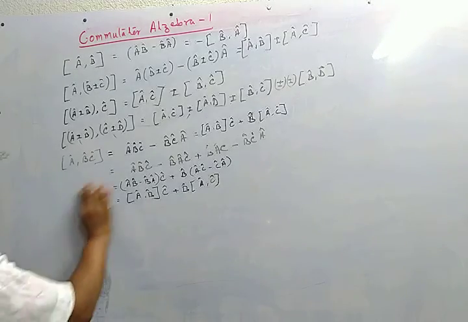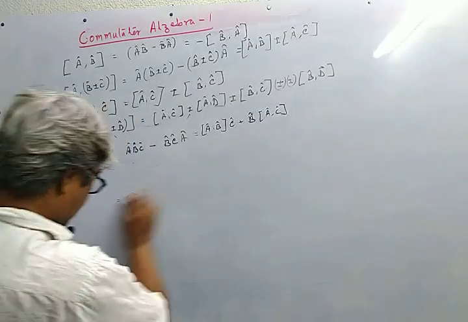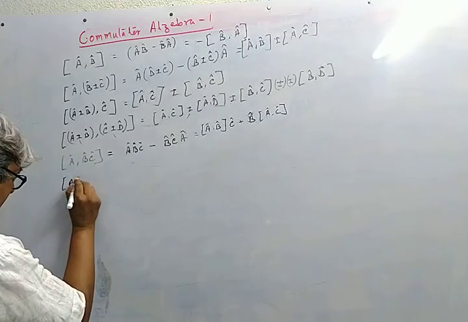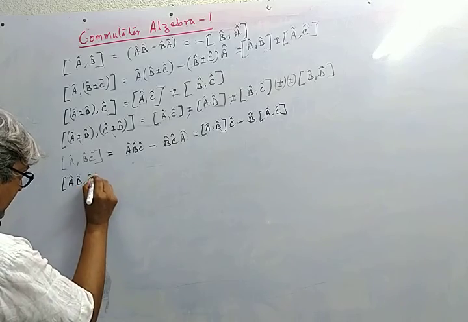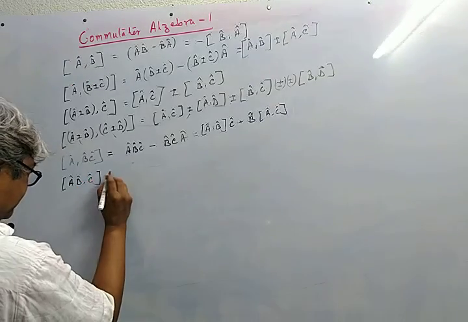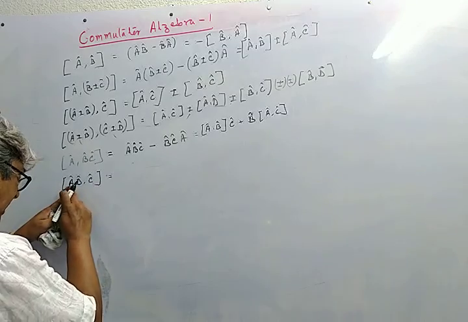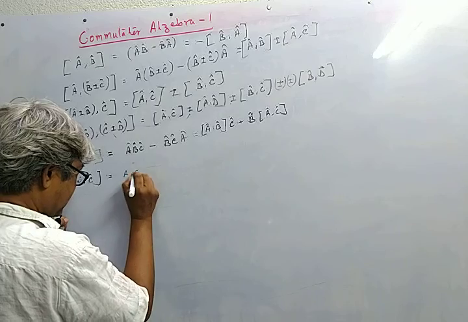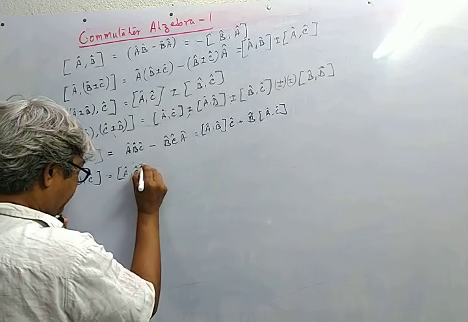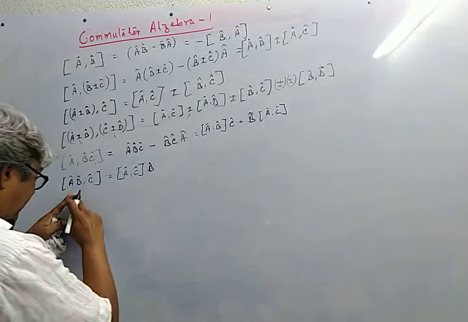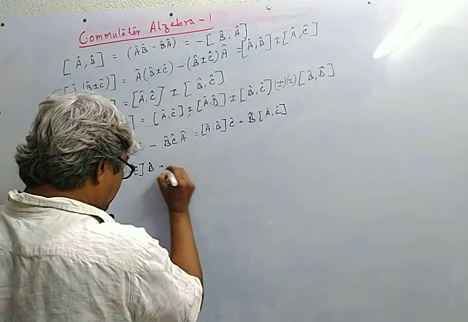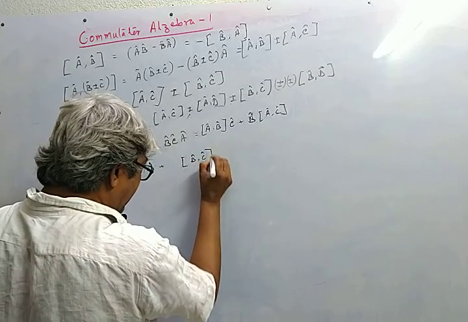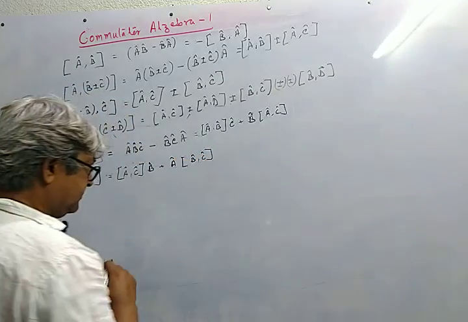Similarly, for AB commuting with C, the first term will be A commuting with C and B will appear from the right, so this is the AC commutator with B on the right, and again C will commute with B, the BC commutator, with A appearing from the left.